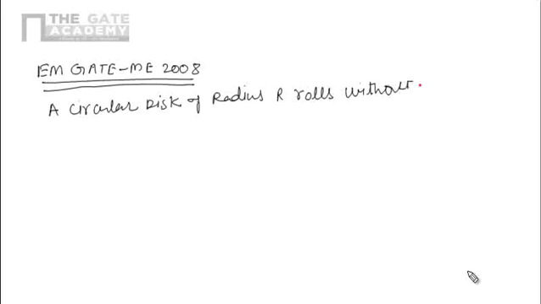Take another problem which is asked in GATE 2008. So first I will write the problem. A circular disc of radius R rolls without slipping at a velocity v.